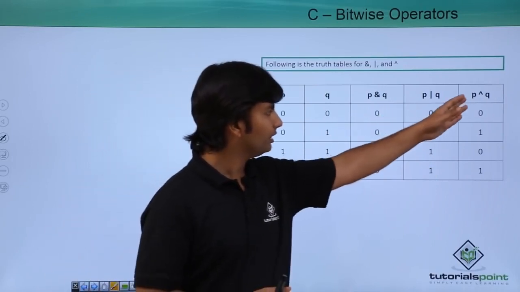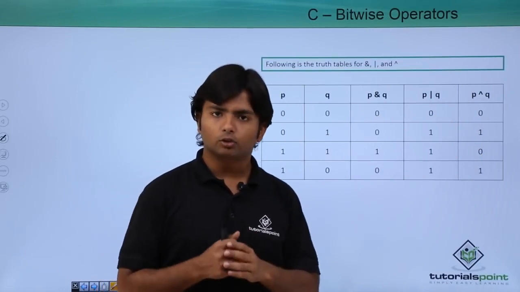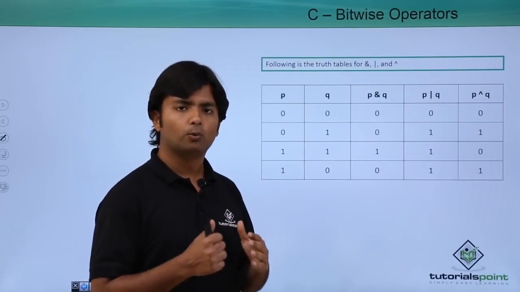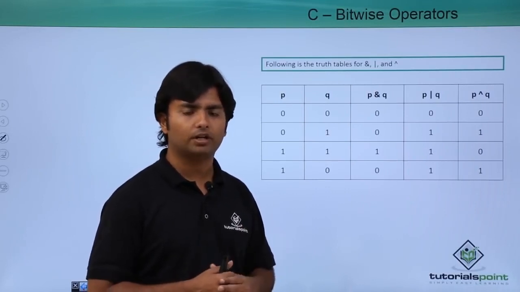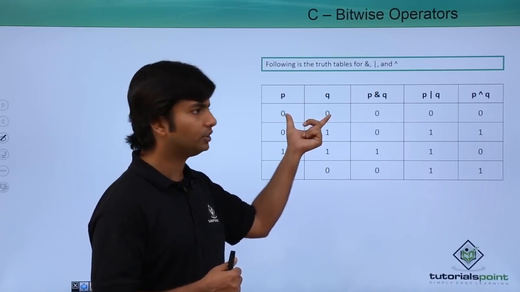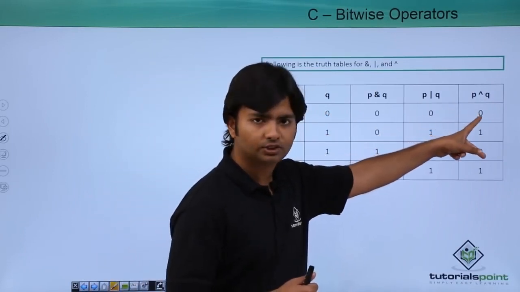And the last one is the XOR operator using the caret symbol. The XOR operator will return you a true when any one of the bits is on. For example, when both the bits are 0 or when both the bits are 1, it will return you a 0.